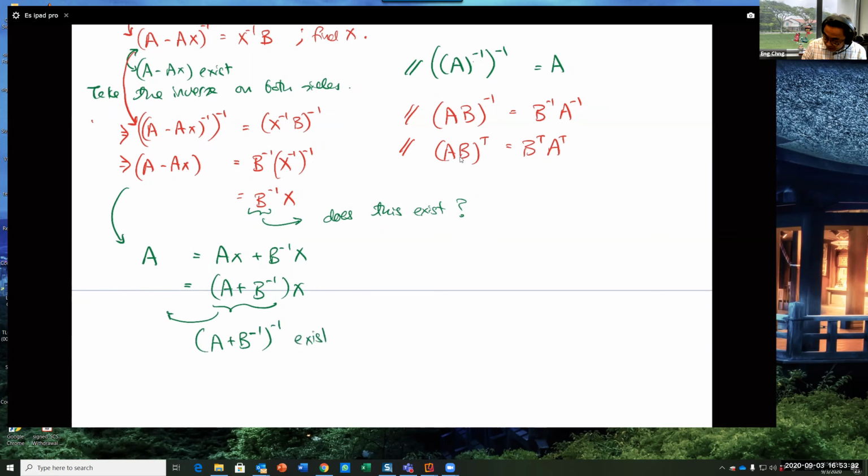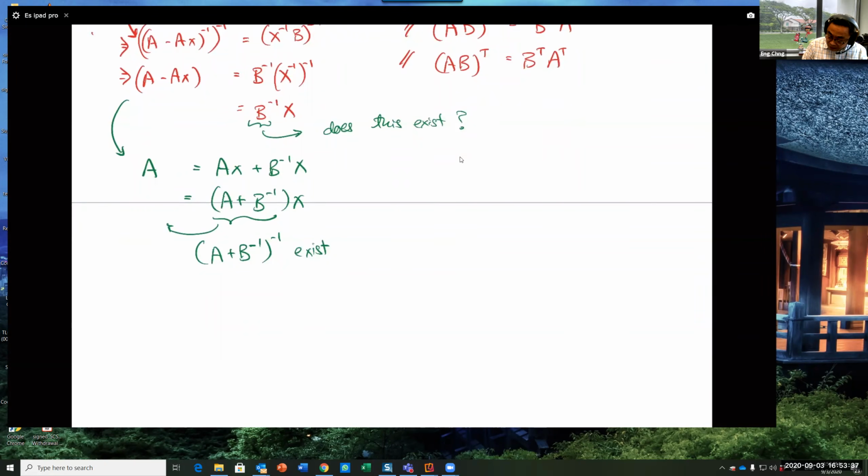So let's play along first and assume that it exists. We pre-multiply by it first, and later we'll prove that A plus B minus 1 exists.